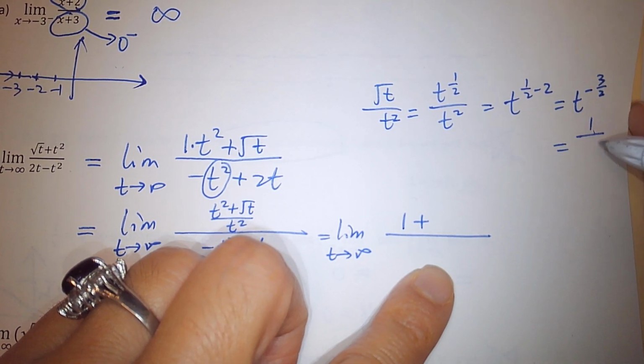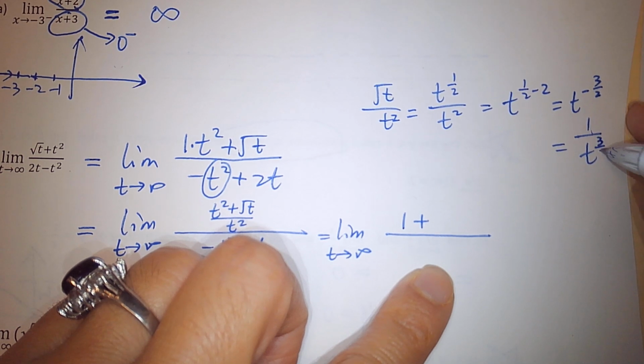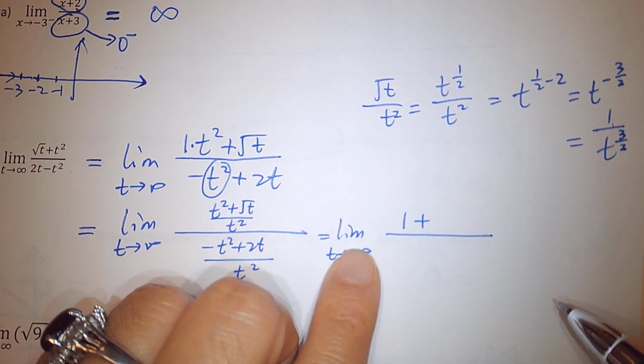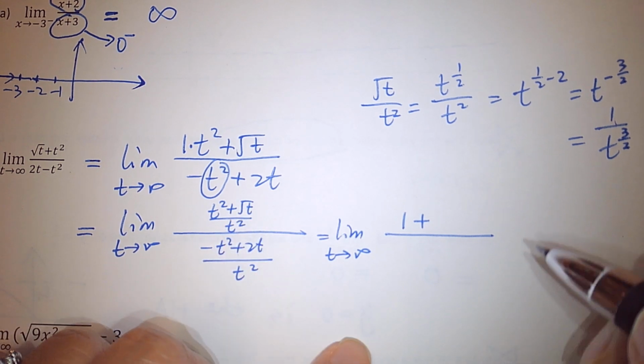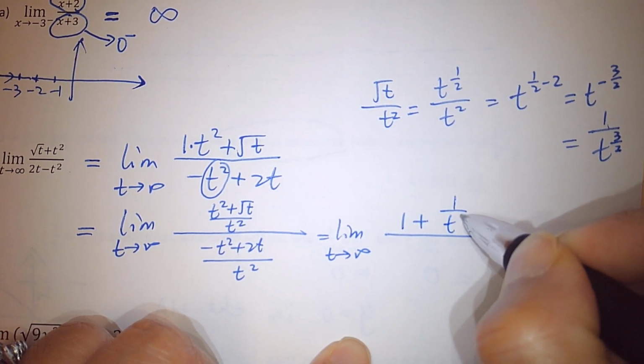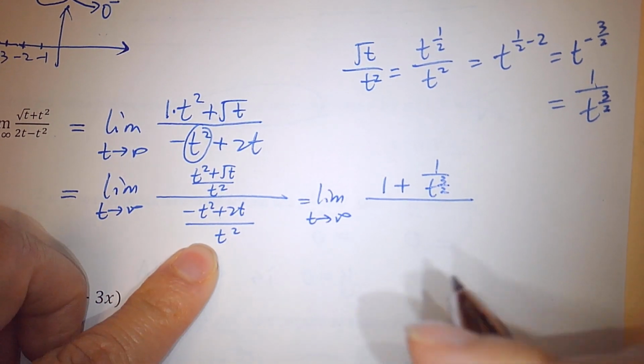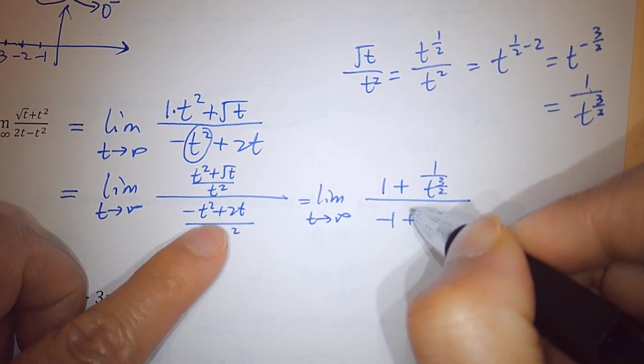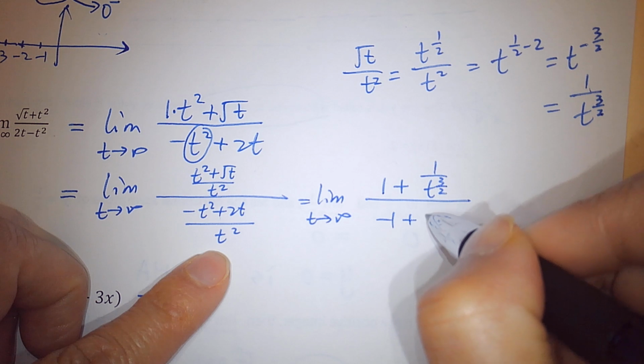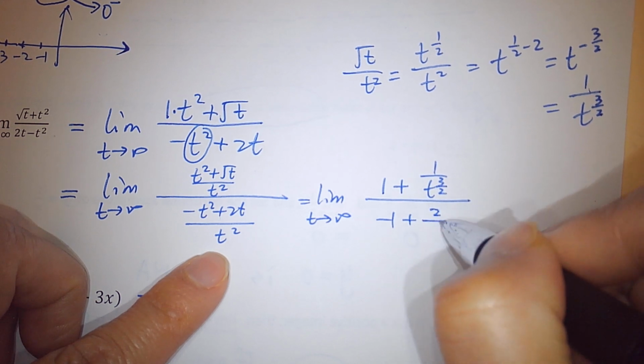Well, this is 1 over t to the what? 3 over 2. Okay? So I'm going to write it here, plus. Well, on the bottom, negative 1 plus what? 2t over t squared. 2 over what? 2 over t.